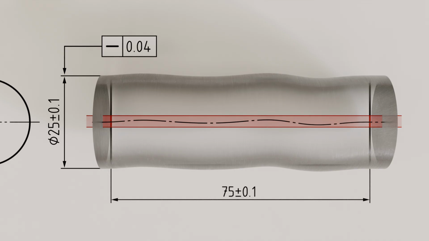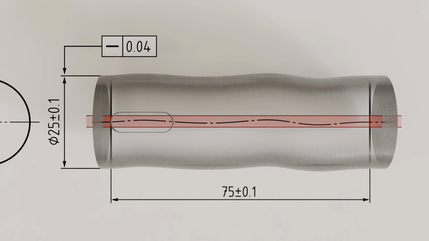Strictly speaking, in this case, we would only be restricting the curvature of the shaft axis within the illustrated cross-sectional plane. However, the position of this cross-sectional plane relative to the part would not be clearly defined, since the shaft is rotationally symmetrical. If, for example, a keyway were present, the position of the shaft and thus the cross-sectional plane would be clearly defined. In that case, the keyway would be viewed directly from above.